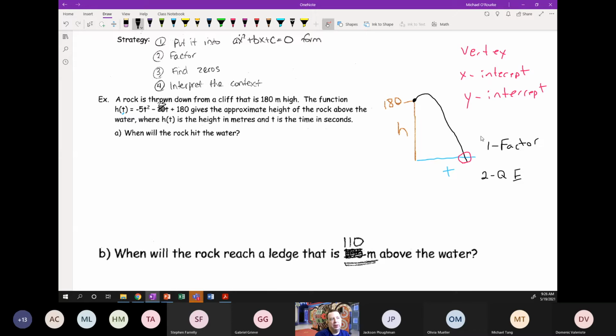Your choice of which one to do. If you want to use the quadratic equation, that's fine. Whatever gets you to the end works. Me personally, I'm going to first try to factor it, and if I can't factor it, then I'm going to go to my second strategy. Does that make sense to everyone?